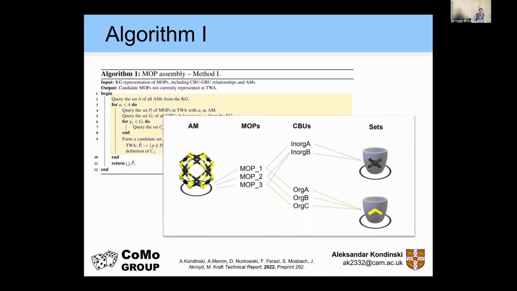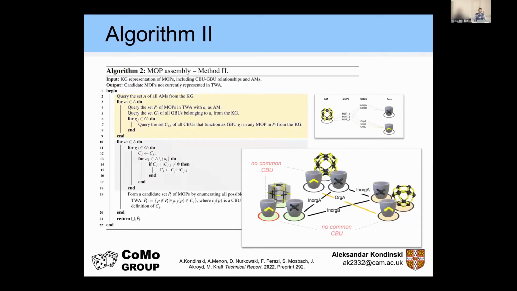But the issue with this is that we will find there will always be some chemical building unit that may not have been considered. So in this case, we develop a further loop where we find a network of structures, and we find which sets of chemical building units can be exchanged between assembly models.